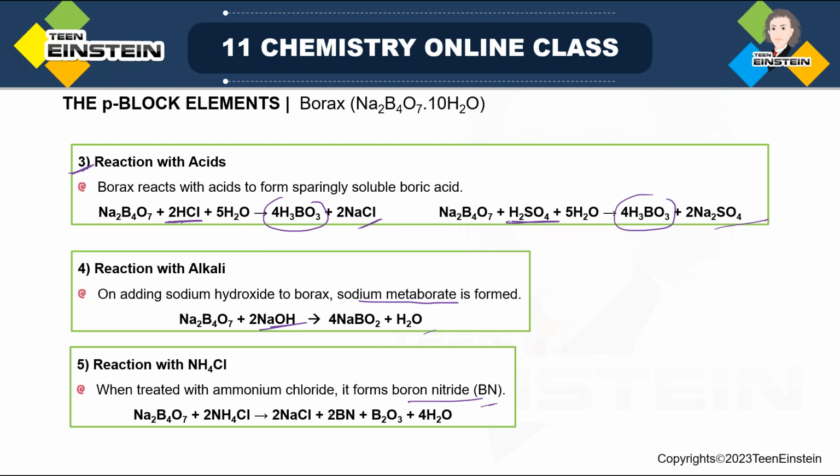Although only this one is mentioned here, this is the main boron-specific compound where nitrogen is also present, and the source of nitrogen is basically NH4Cl. Here we are discussing the reaction with NH4Cl. The boron source is Na2B4O7, and the nitrogen source is ammonium chloride, NH4Cl.